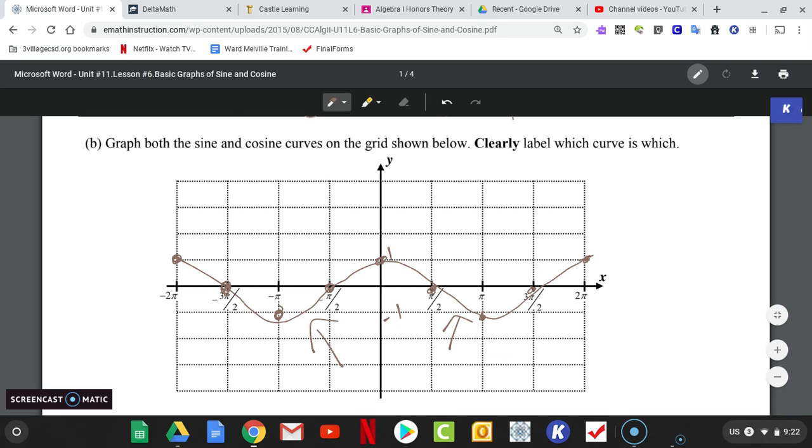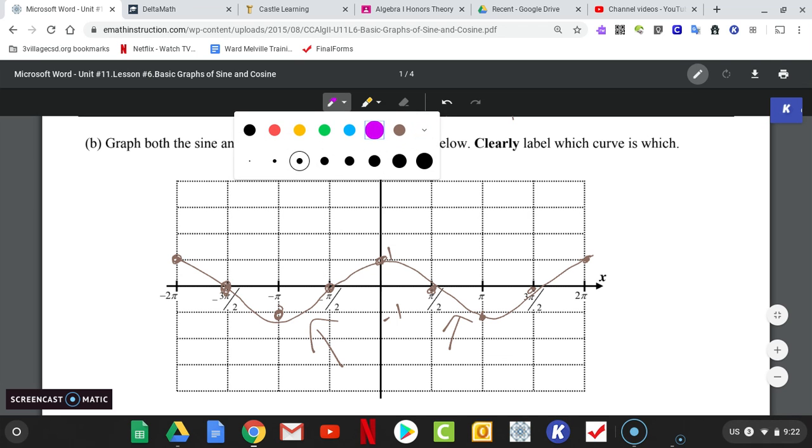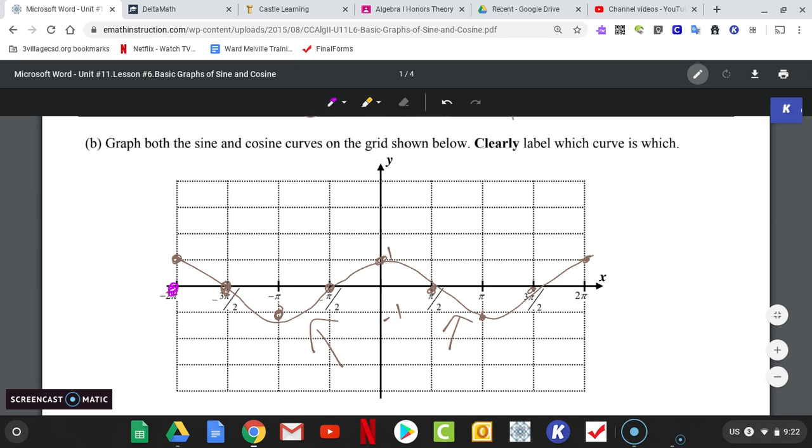Let's do sine now. I'll do sine in a different color. I'll do purple for sine. And we have 2 pi, and then 1, and then negative pi, then 0 again, and then negative 1, and then back to 0, and then 1. Boom, boom, boom.